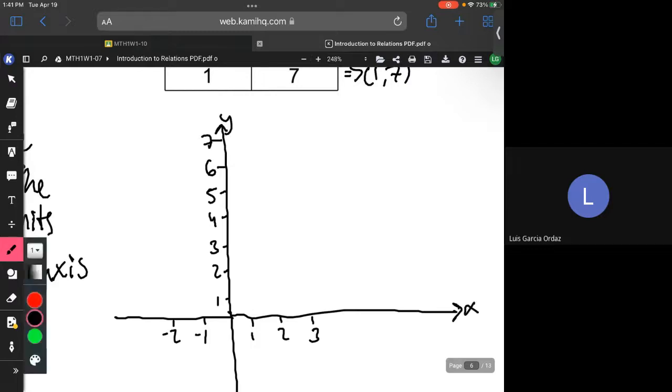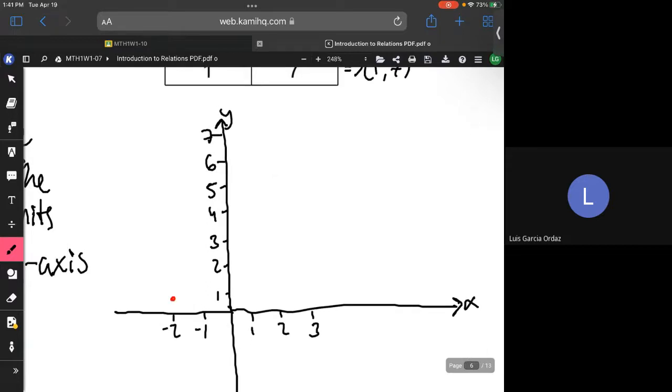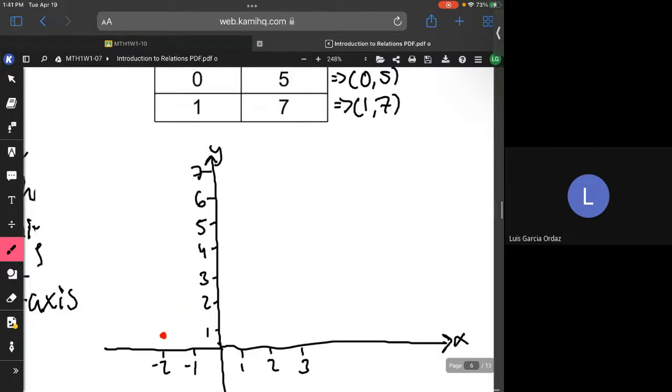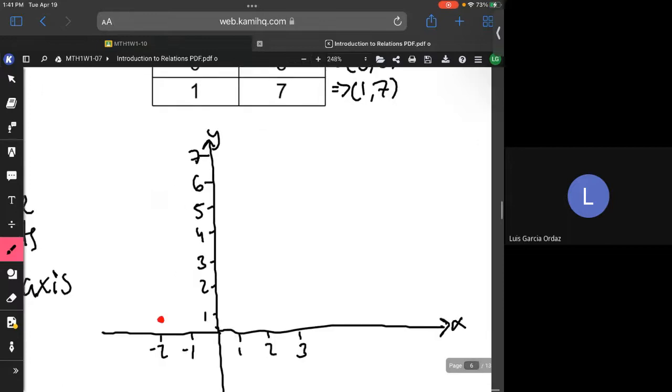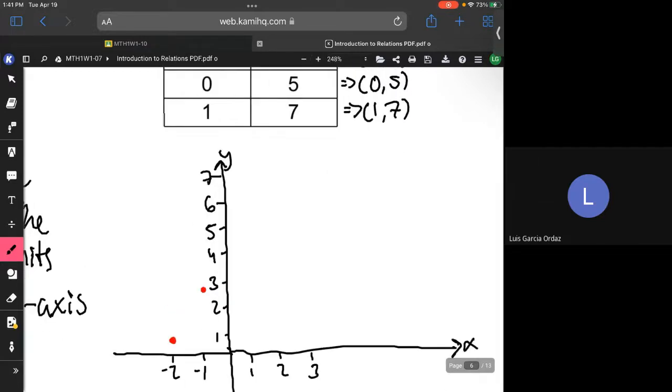So my first point we said was -2 and 1, which is going to be right over here. My next one is going to be -1 and 3, which is right over here. My next one is going to be 0 and 5. Of course, my drawing isn't good.